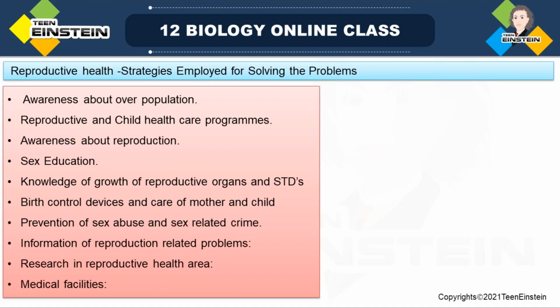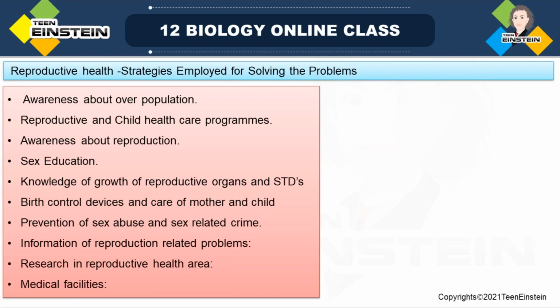Then next is information on reproduction related problems. See, reproductive health requires good infrastructure facilities, with the help of professional experts who have the knowledge, and we need material support also, right?